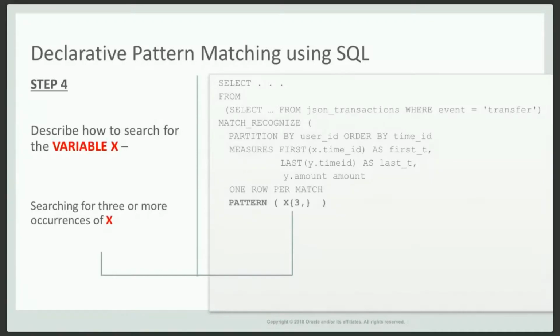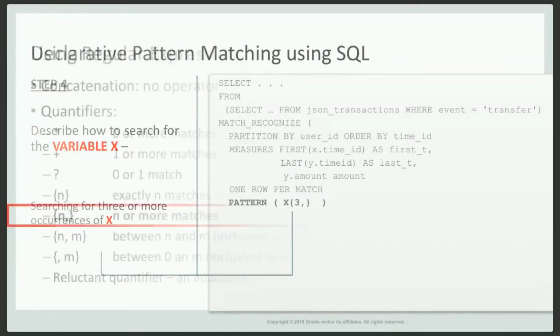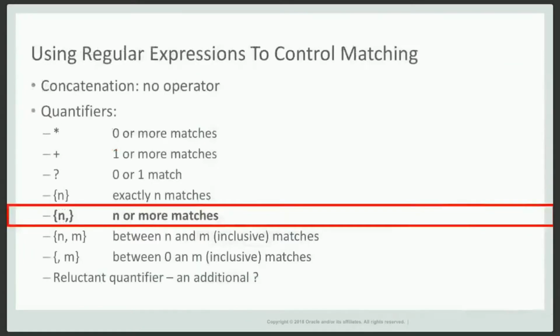So you can see X is going to be something to do with small transfers, and I'm looking for 3 of them. Now, if you're used to regular expressions, or other pattern matching syntaxes, you'll recognize that how often we are looking for a pattern is usually controlled by quantifiers.